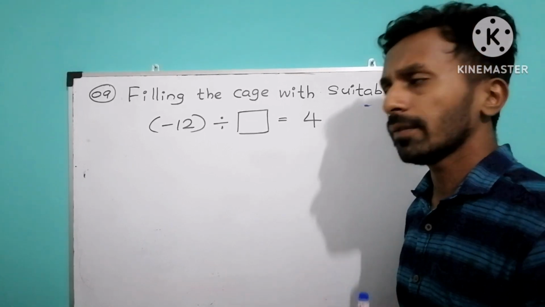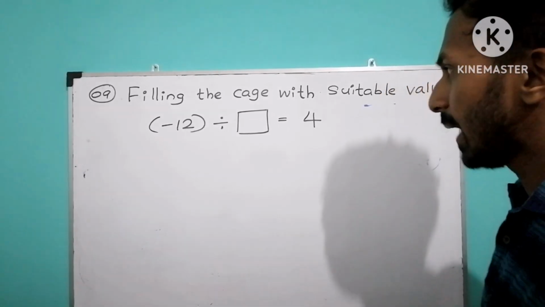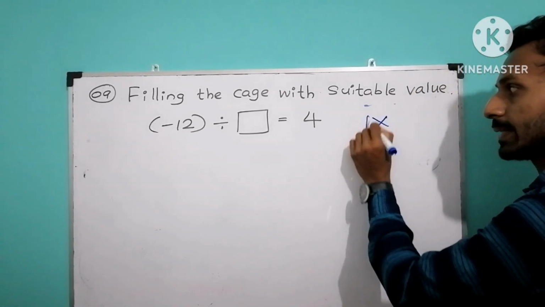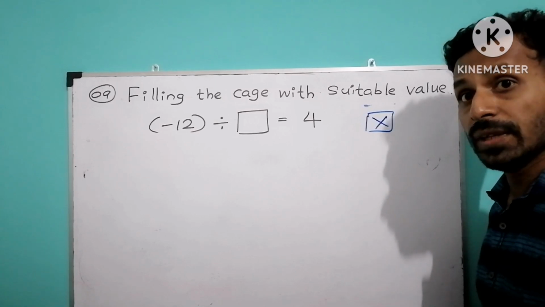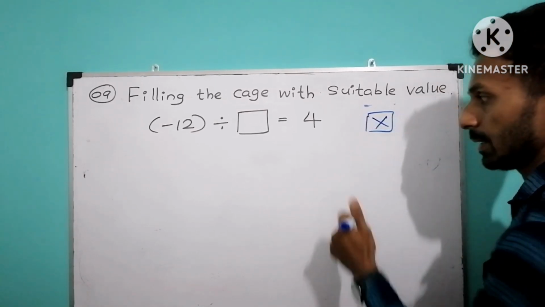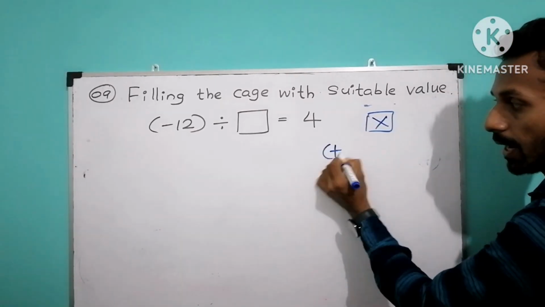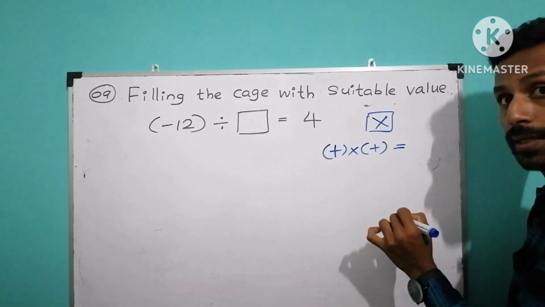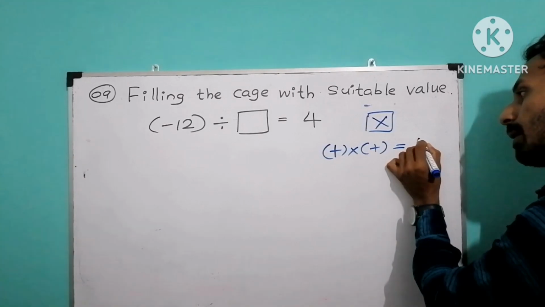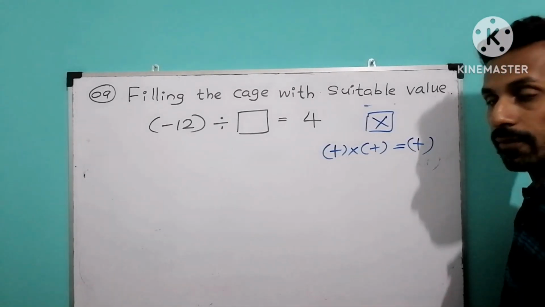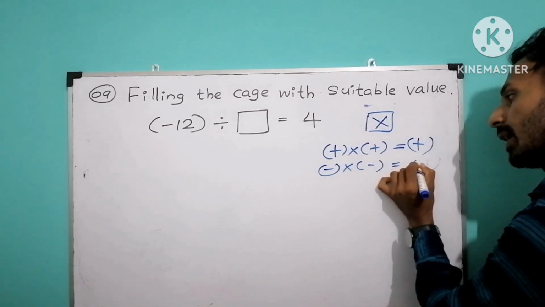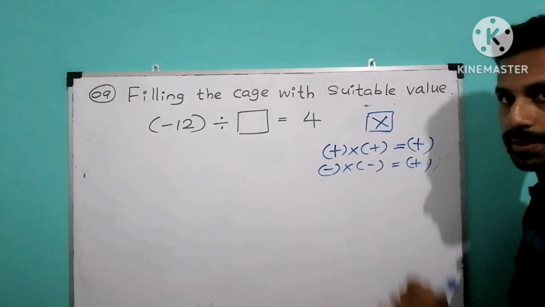Here first of all I want to teach you, when we multiply two directed numbers with the same signs, I will take a plus value multiplied by another plus value. The sign of the answer is plus. Likewise, minus into minus, the sign is plus.